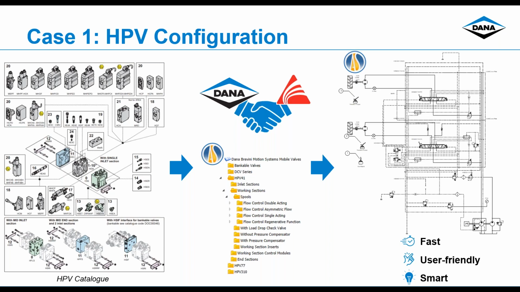The collaboration between Dana and Famic allows everyone to open the Dana Brevini Motion System mobile valves catalog and, in a fast, user-friendly and smart way, configure their own HPV and test it. Now let's move to some video pills to understand how easy and user-friendly it is to configure and test it.